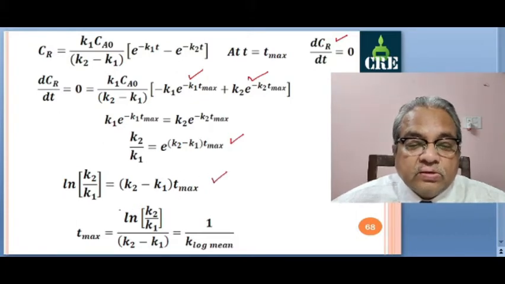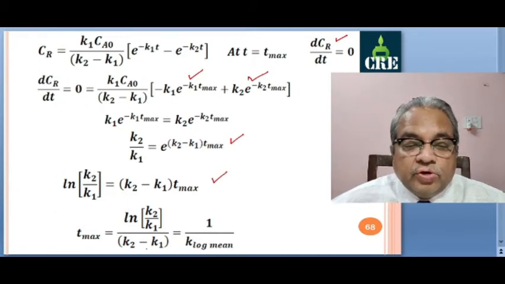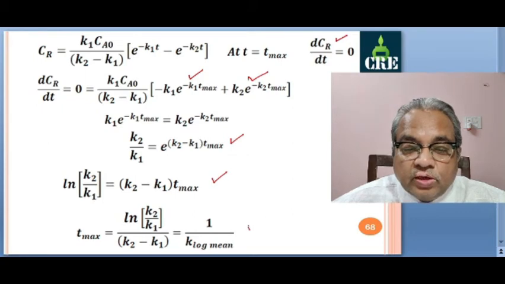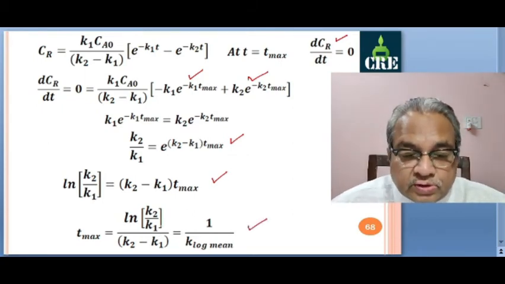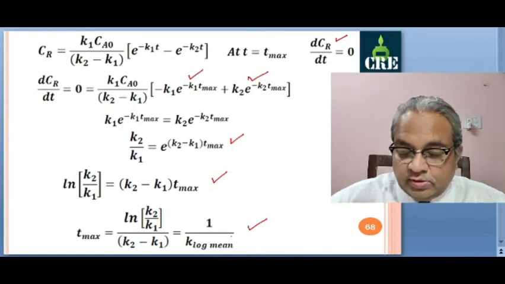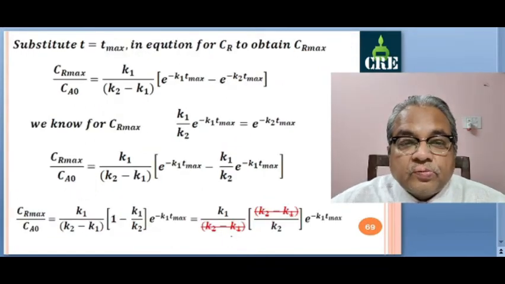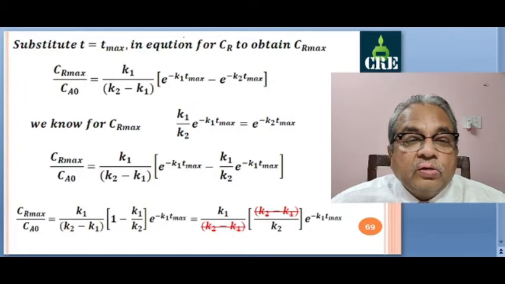So t max is nothing but ln of K2 by K1 divided by K2 minus K1. We know the definition of log mean, that is K2 minus K1 by ln of K2 by K1. So this becomes 1 upon K log mean. Log mean is reciprocal of this, so this is 1 upon K log mean.